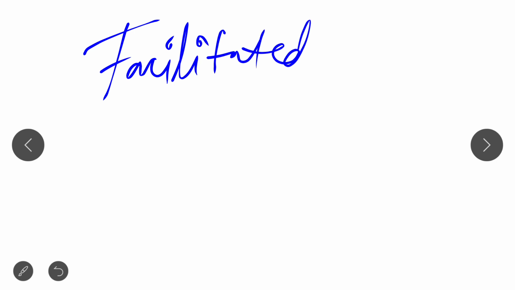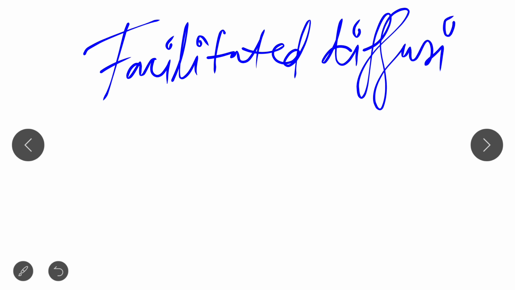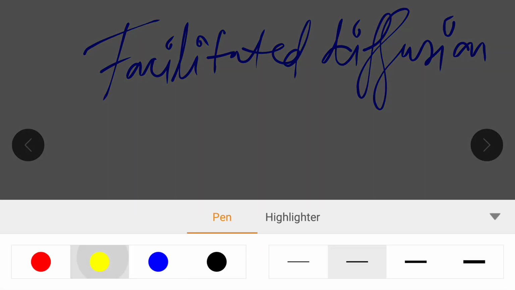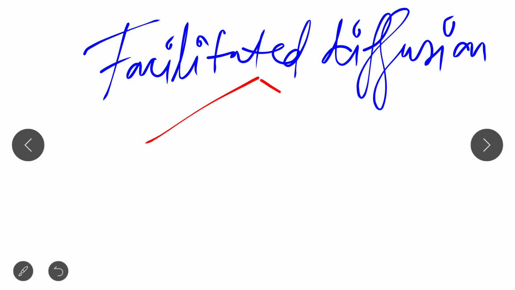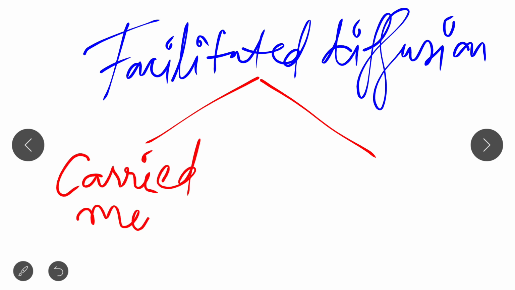Now, if we classify facilitated diffusion, it is basically mediated by two types of proteins. One is carrier mediated proteins and one is channel mediated proteins.